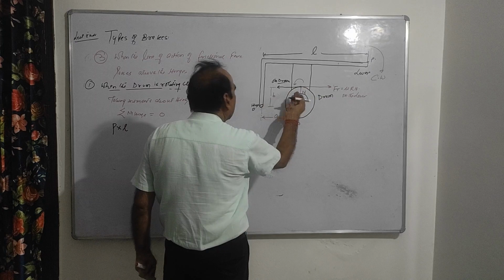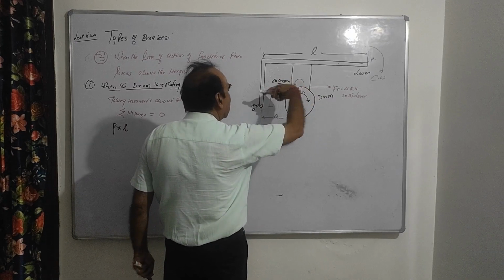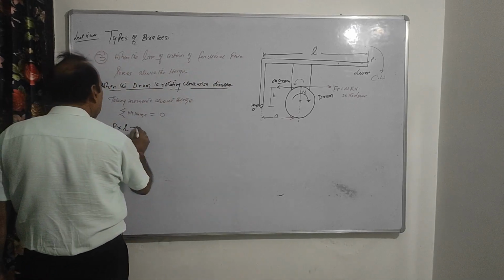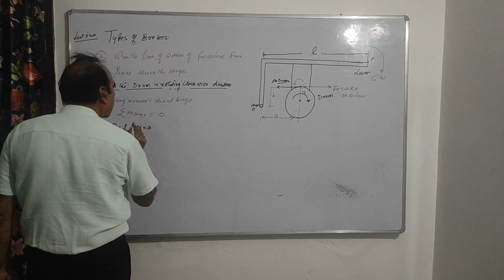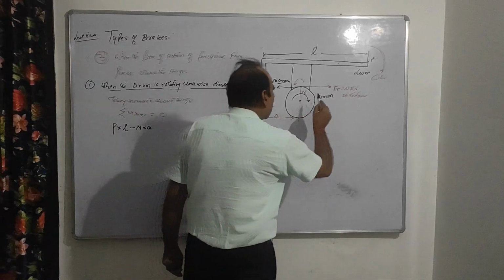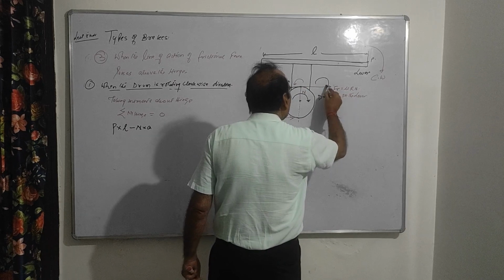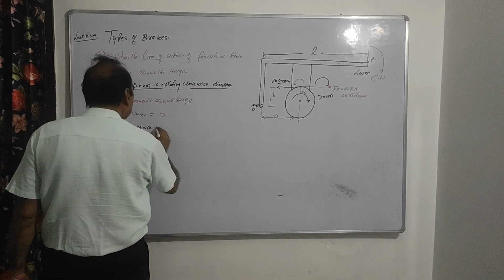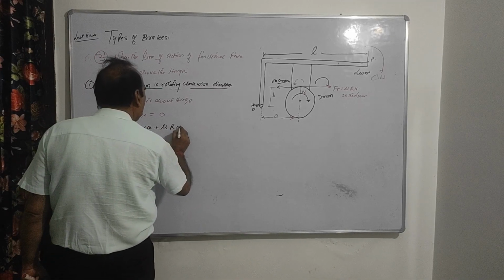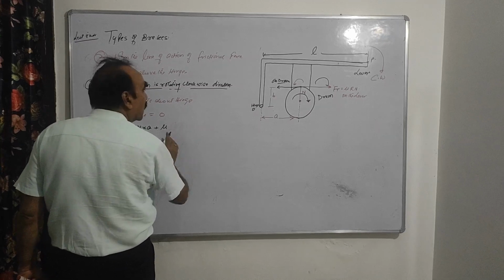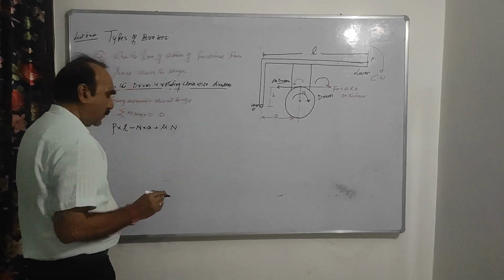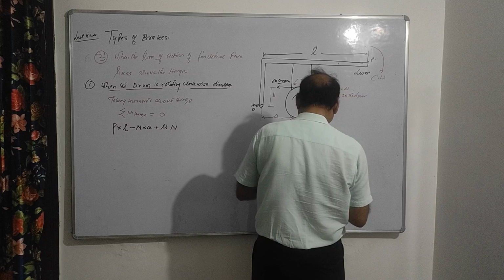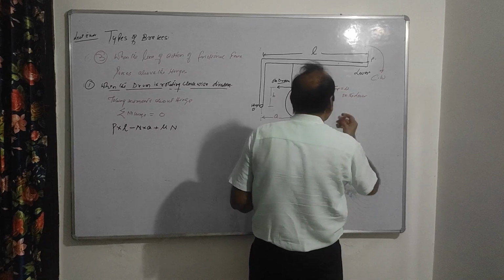This is your hinge, and this is anti-clockwise, so it means minus N into A. And then you come to this mu N, this is clockwise, so plus mu N. I have taken N here only, so write N, not Rn, so mu N.